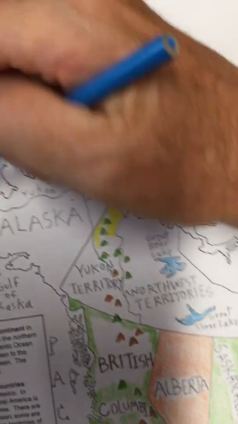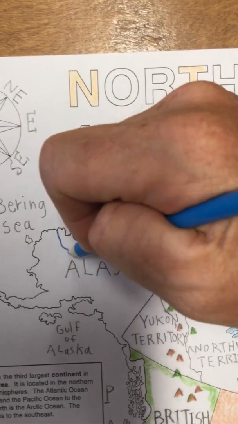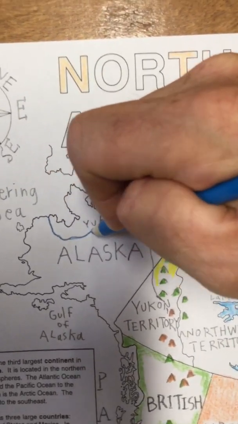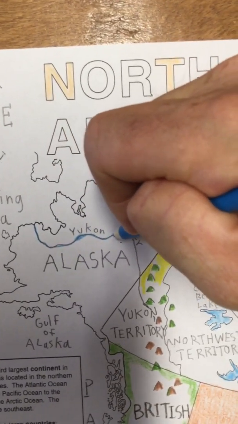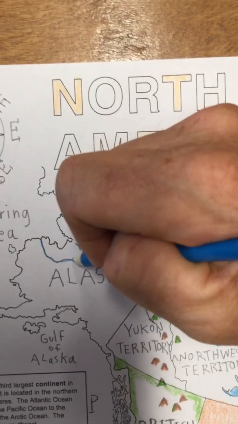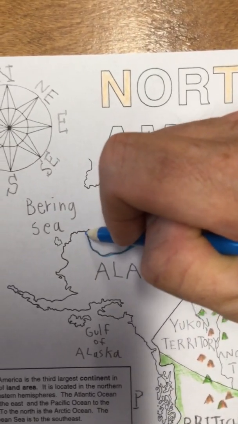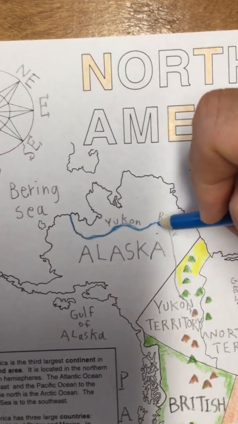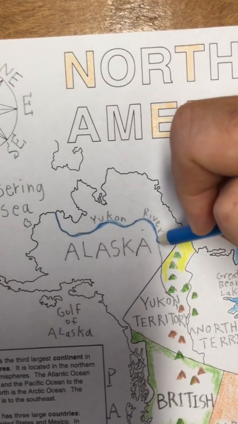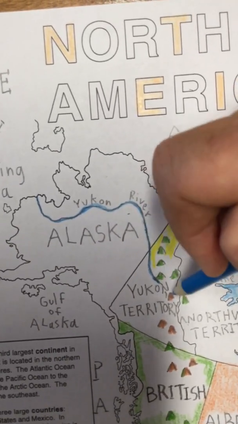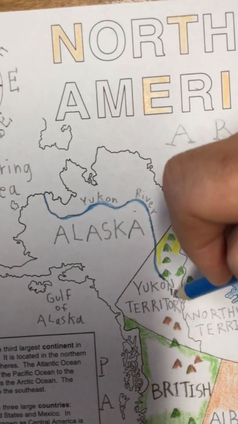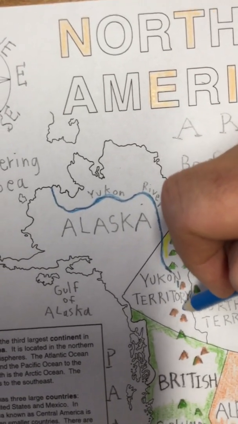Maybe I should go over that river with a blue, now that I've sketched it in. I don't know exactly where it begins in the Yukon.